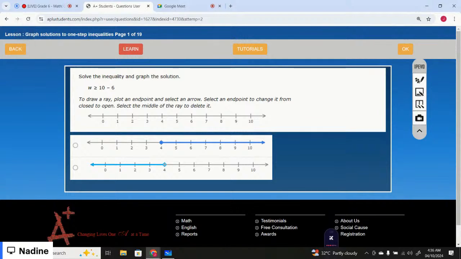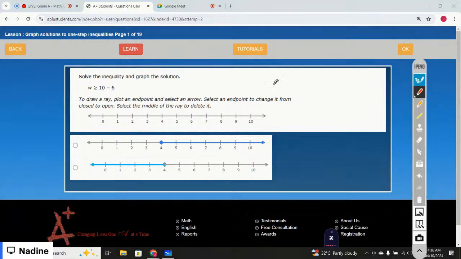So you need to solve. 10 minus 6 is 4. So that is W is greater than or equal to 4. You have an equal sign here, that means on 4 there must be a closed circle and all the numbers are greater, so the arrow must be pointing on the right hand side. So yes, option number 1 is the correct option.